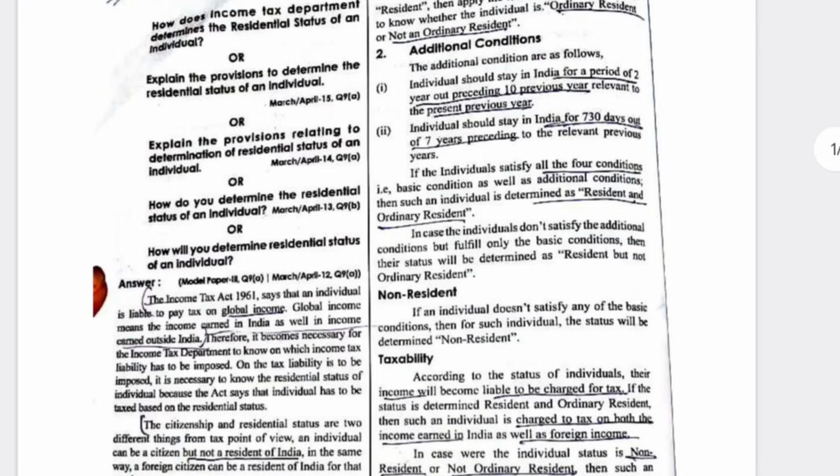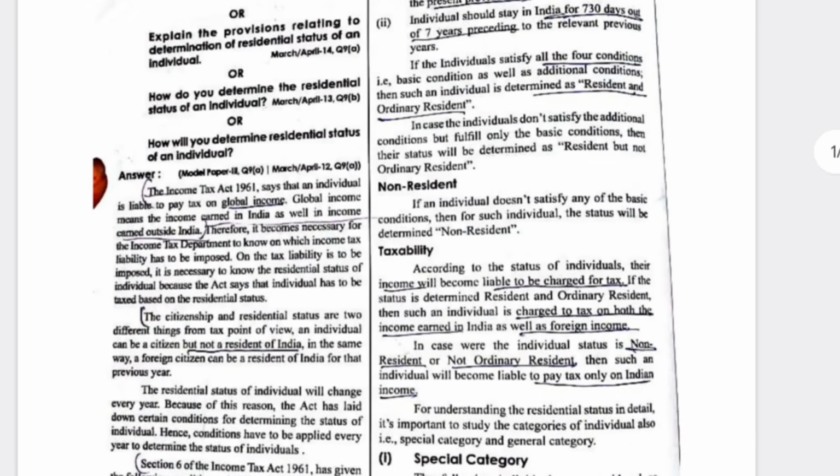So now I will explain each and every question in detail so that you can easily write the answers on your own. Whatever questions I am showing here, you need to write the same answer, whether it is the residential status of an individual or the provisions relating to determination of residential status of an individual. Everything will be the same.